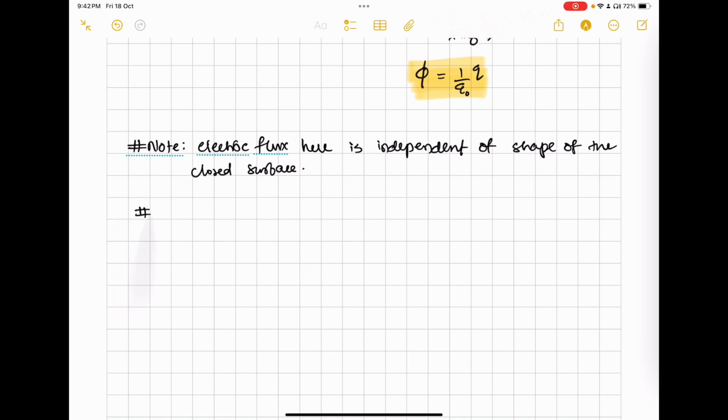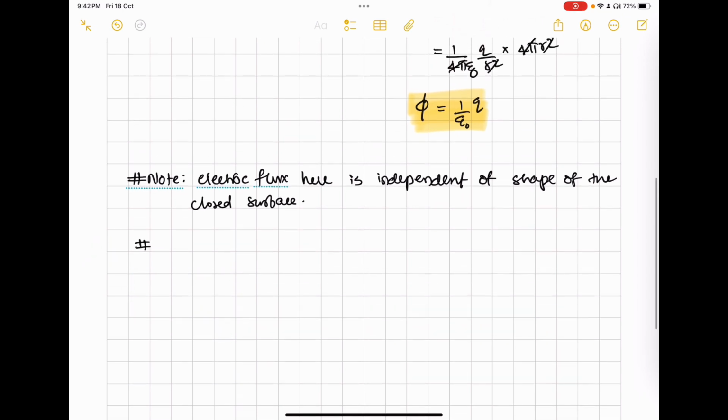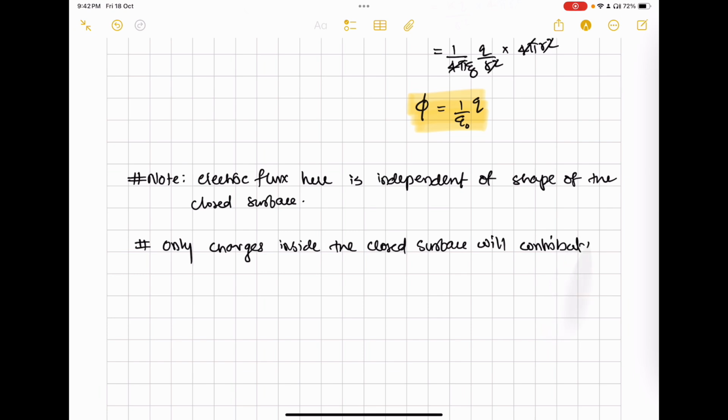And second point, charges inside the surface will contribute to the electric flux and charges outside will not contribute to the flux. That is, only charges inside the closed surface will contribute to the flux.